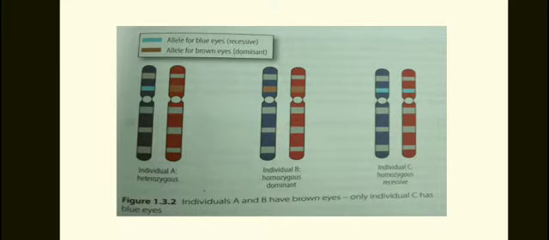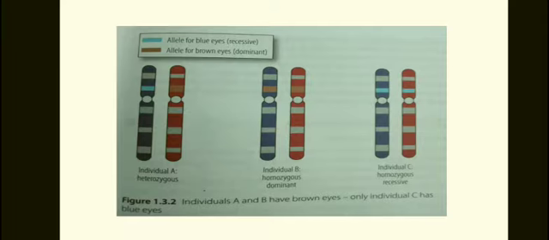So that's dominant. So far left you see individual A, and you can see that the first chromosome there has got a gene, which in this case is an allele for blue eyes, and the other part of the chromosome has got an allele for brown eyes.